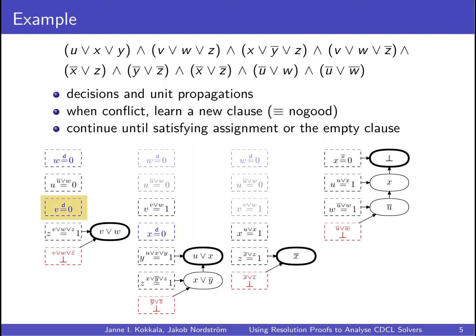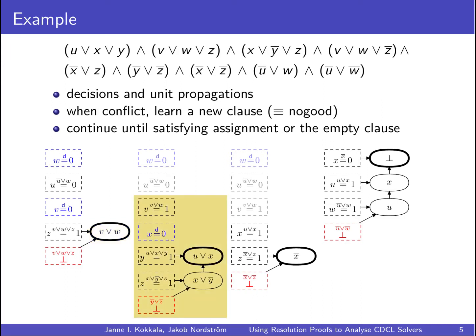Then the solver continues with decisions and unit propagations. And finally, if unit propagations lead to a conflict, the solver uses the reasons of unit propagations and the conflict to derive a new clause that is sort of a reason or explanation for the conflict. And this is actually equivalent to a no-good in constraint programming language, which you might be more familiar with.